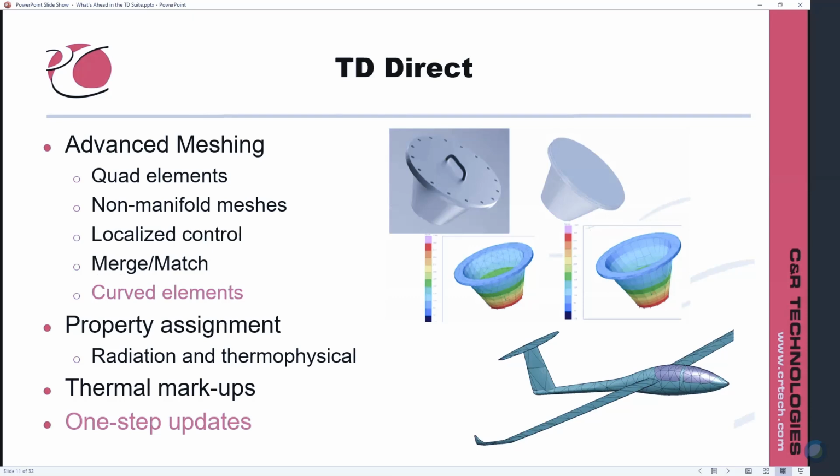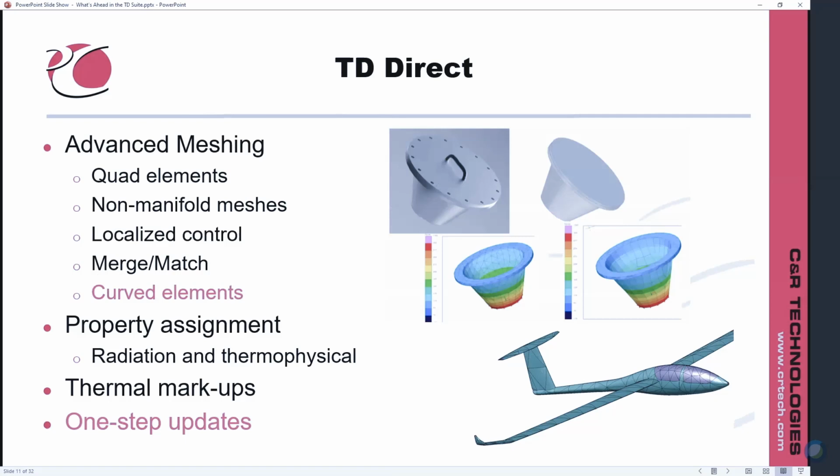So that feeds right into TD Direct, which exists in both Thermal Desktop and SpaceClaim and communicates back and forth between the two. Where you have advanced meshing with quad elements, you could do non-manifold meshes, you have localized control, merging and matching the meshes between different parts, and even curved elements, which gives you this nice shape here without high resolution.